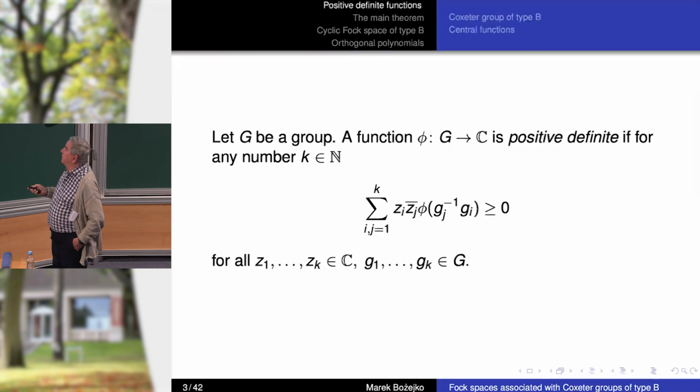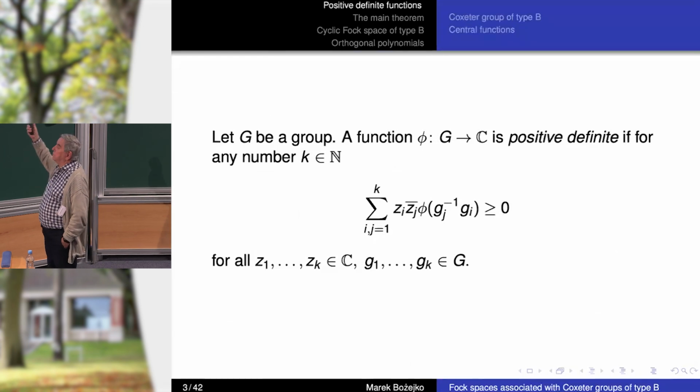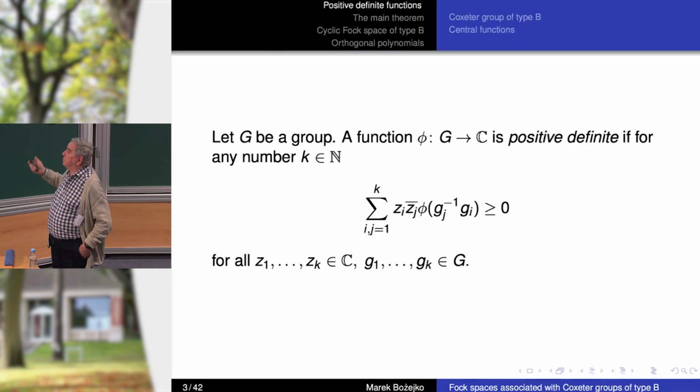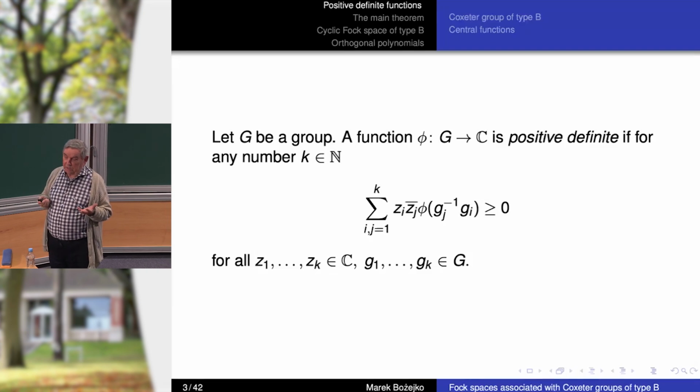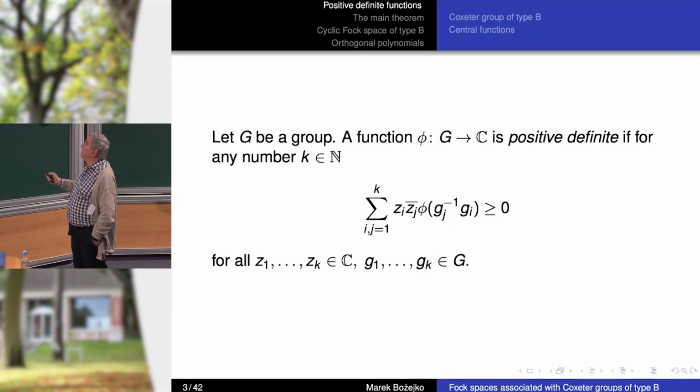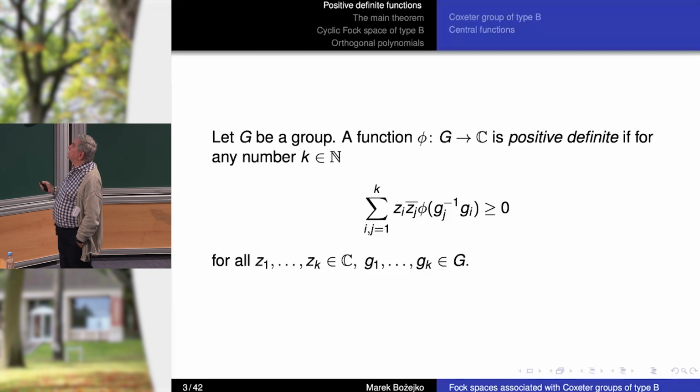So the main object, the main machinery, will be positive definiteness of a function on a group. If you have any group, we look for a function which is positive definite. That means that the kernel g minus 1 h is positive, as a kernel or function.